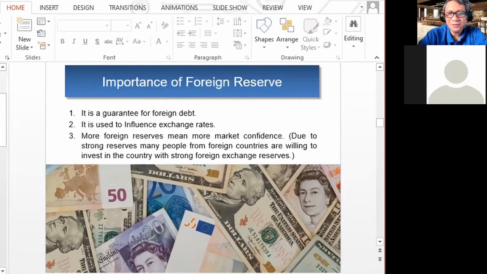So pag wala tayong foreign exchange reserve, paano na yung mga negosyanteng banyaga? Papalit nila yung pera nila, Philippine peso nila, sa dollar. Pag wala tayong ipapalit. Okay? That's going to be a problem. See? So a country with very large foreign exchange reserve can attract more investors kasi madali silang magpalit ng pera.